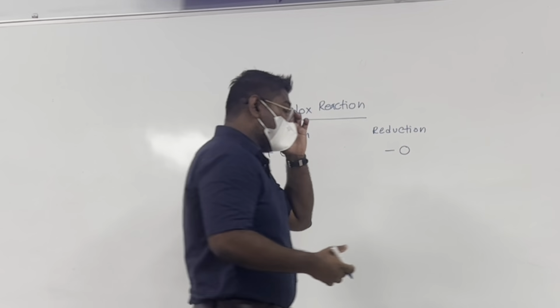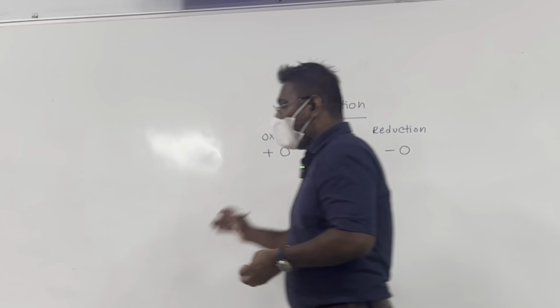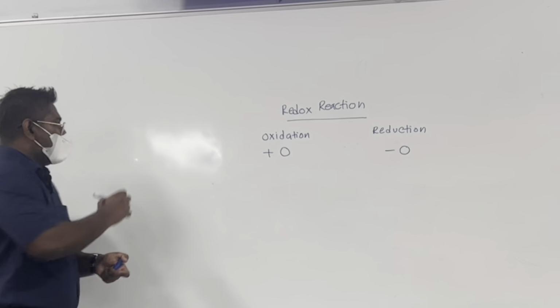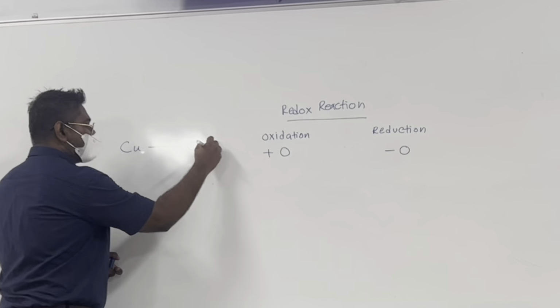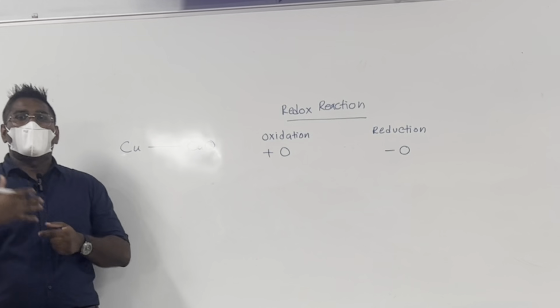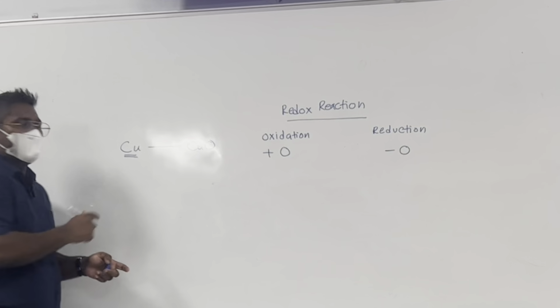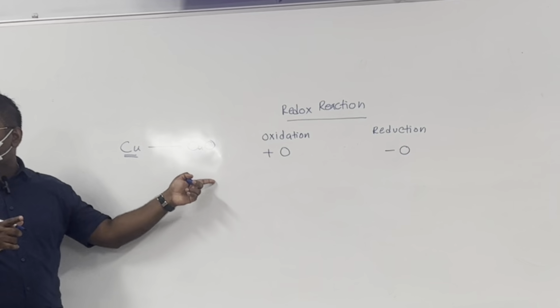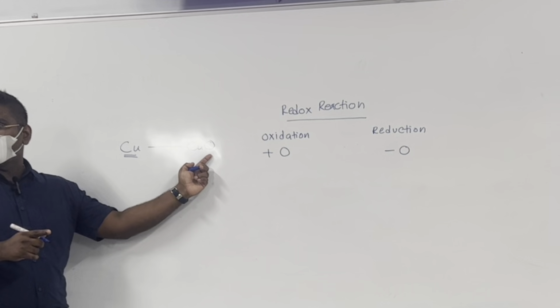Example, I'll just give you a simple example before we go into the bigger example. If you have copper changing into copper oxide, this is not a chemical reaction, but I'm just telling you, copper changing into copper oxide, we say that copper is oxidized to become copper oxide because copper is gaining oxygen atom.